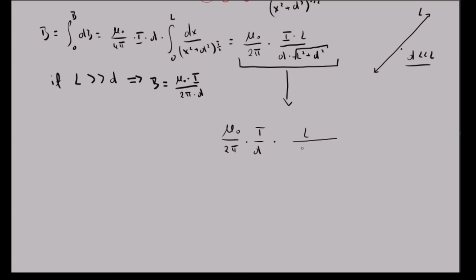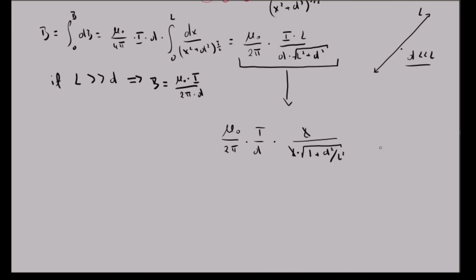I'm going to rearrange this so that I pull something out. d is much smaller than L, so I'll pull out L. So if I take L out, I'm going to have L and then the square root of 1 plus d squared over L squared. If I put this L back under the square root, I end up with the same expression that I have up there. So then this nicely cancels out, and what I have now is just this expression.